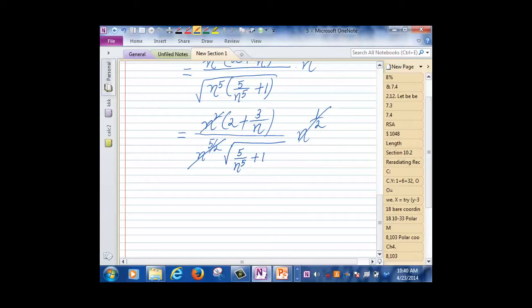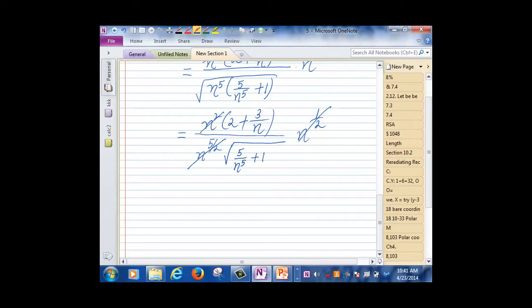Is everybody okay with that? If you're not sure, let me know. Again, n to the 2 times n to the half gives n to the 2 plus a half, which is n to the 5 half, which then cancels out the n to the 5 half in the denominator.